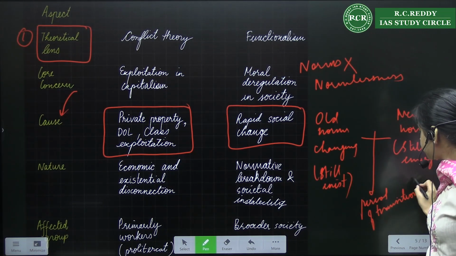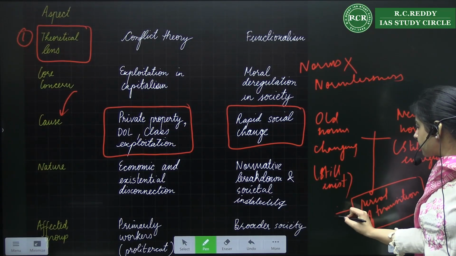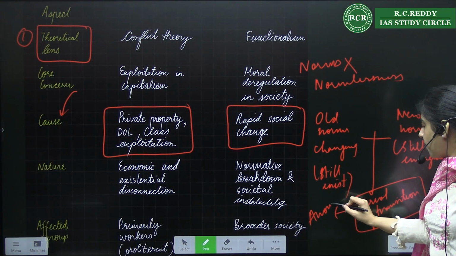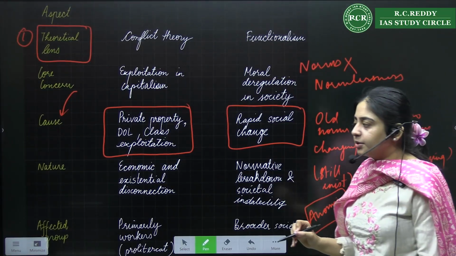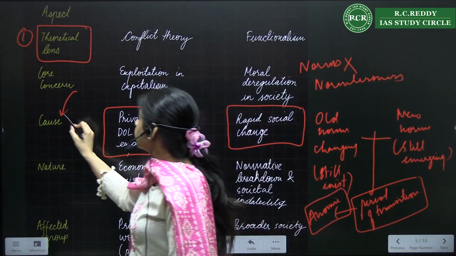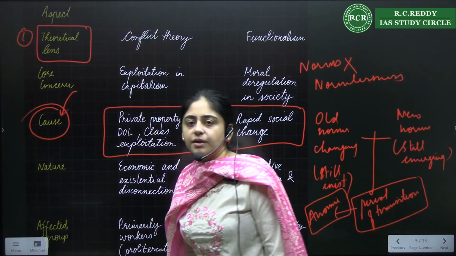This phase of transition is a period of normlessness, lack of moral guidance, that will lead to anomie. So the causes both of them give are very different in nature.